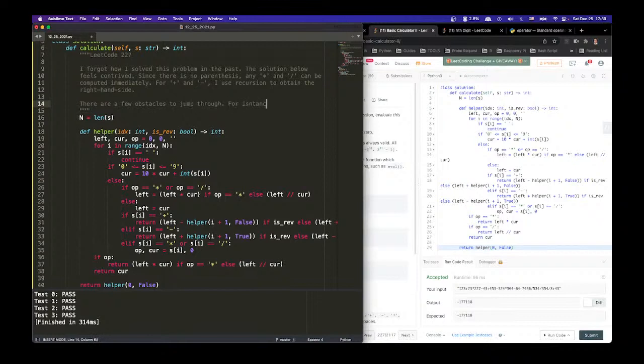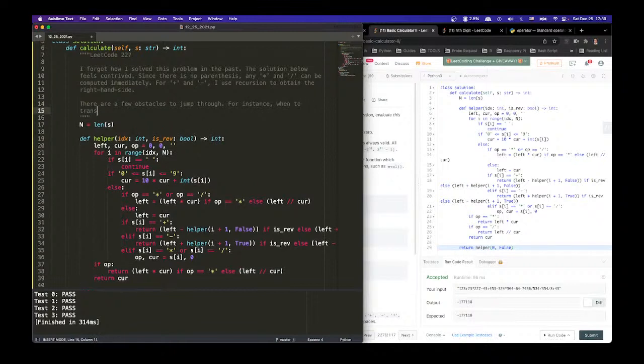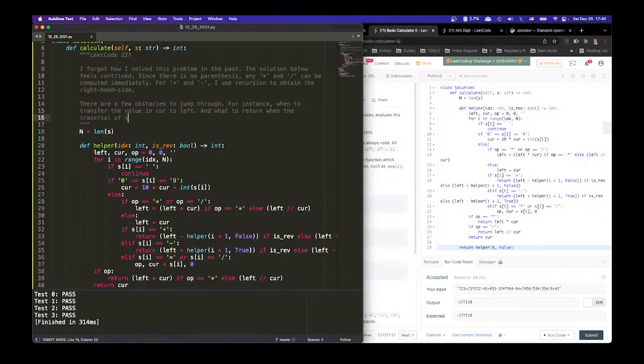For instance, when to transfer the value in current to left, and what to return when the traversal of S has ended.